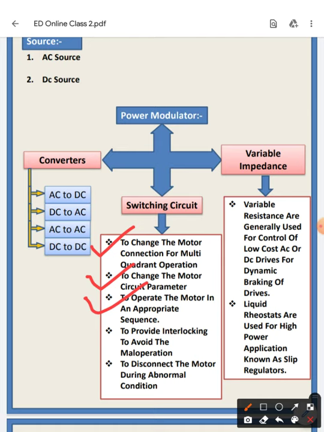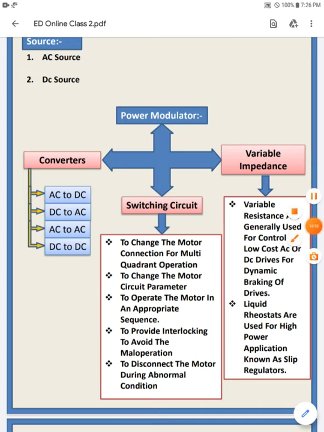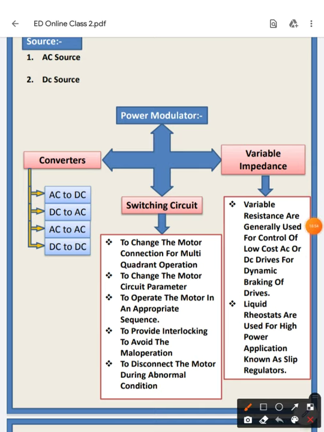interlocking to avoid maloperation. For example, in an industry, when a maloperation happens, we need to interlock the system. That means we need to stop the system.